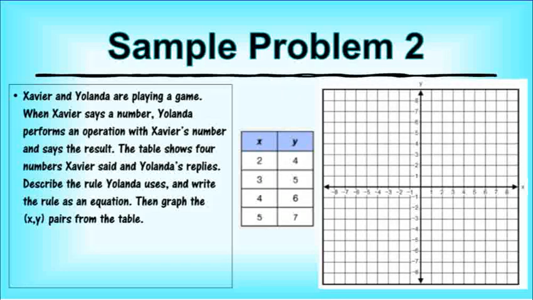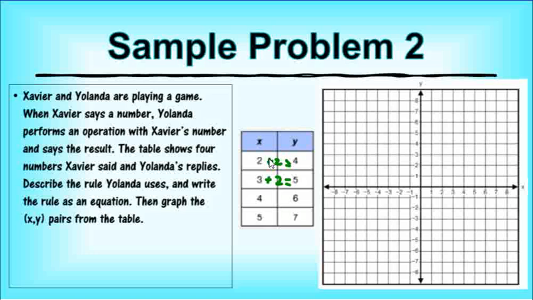Well, to get from 2 to 4, it's either 2 times 2 or 2 plus 2. I'm going to try 2 plus 2. 2 plus 2 is 4. Now, for this to be a function rule, it has to work for all 4 pairs. Does 3 plus 2 give us 5? Yes. 3 times 2 would not give us 5, but 2 times 2 would give us 4.